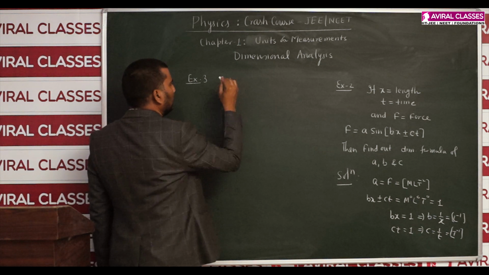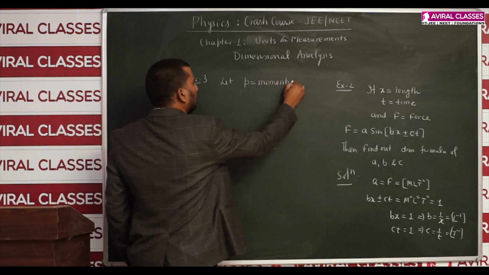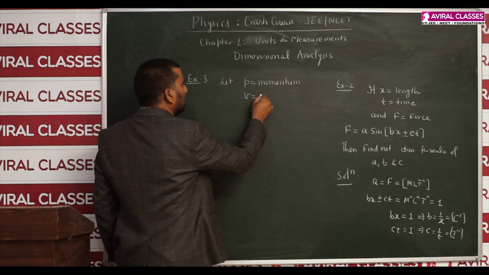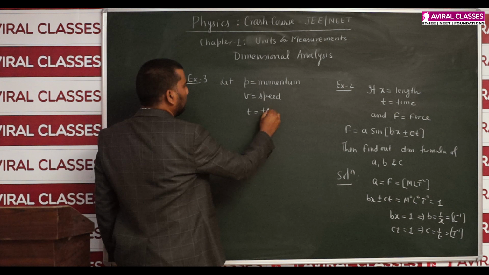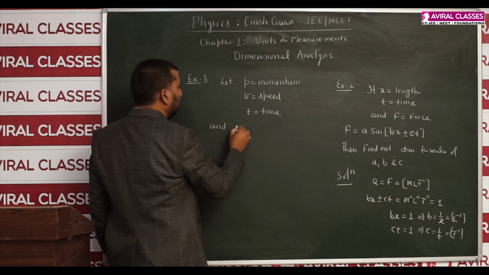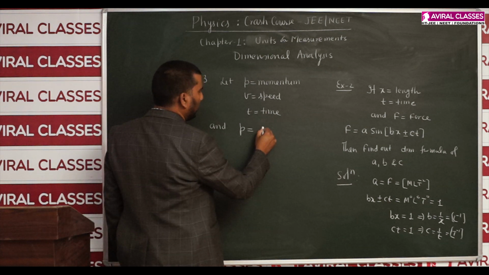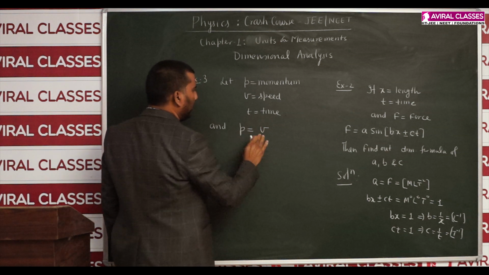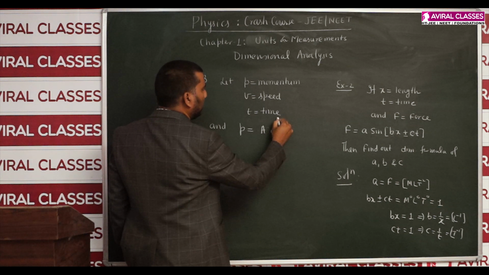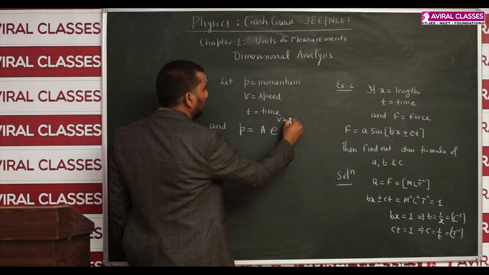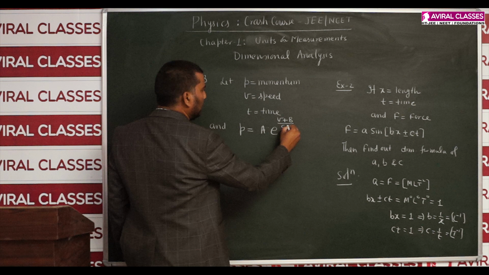Let P be momentum, V is speed, T is time, and P is given as A e to the power V plus B upon Ct.